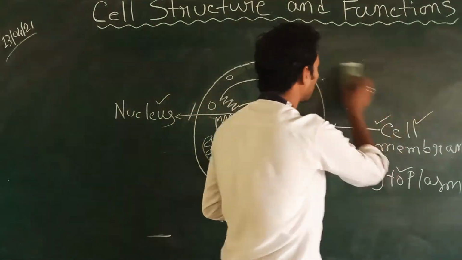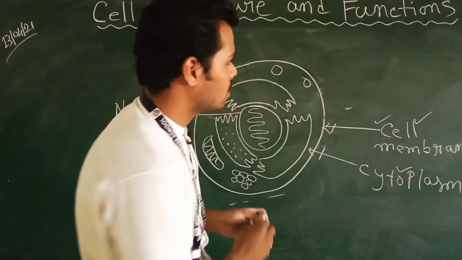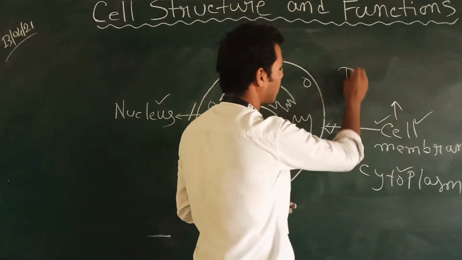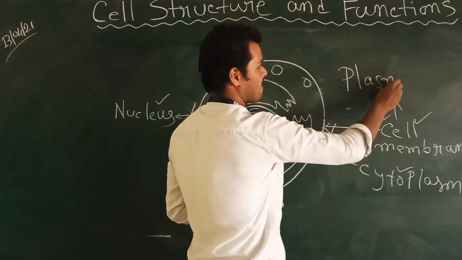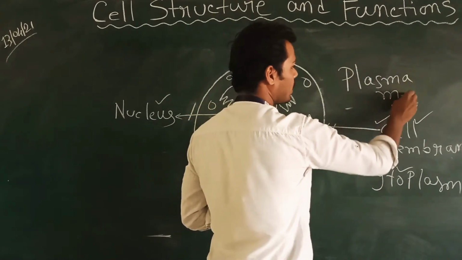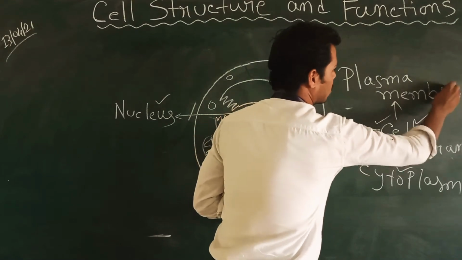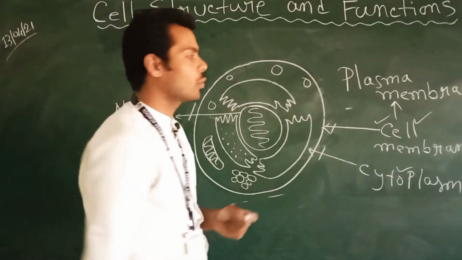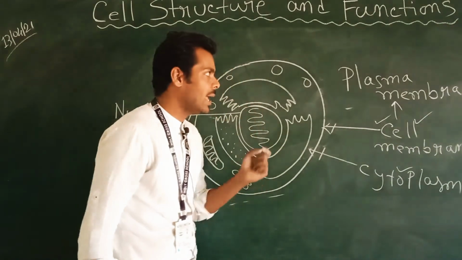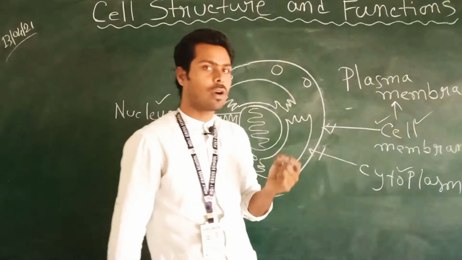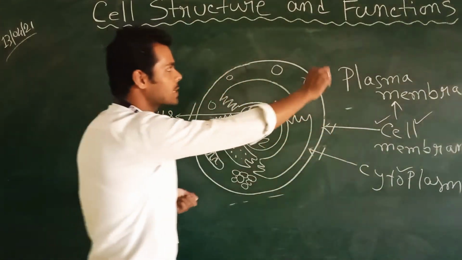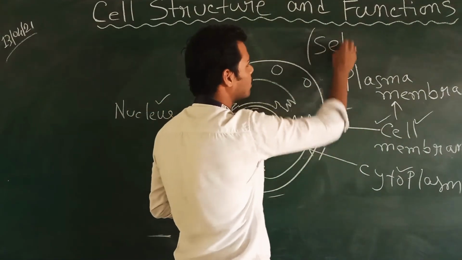Cell membrane is also known as plasma membrane. Please copy this name in your exercise book. The nature of the cell membrane is selectively permeable. Please write the words selectively permeable.